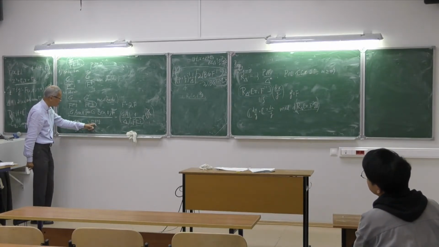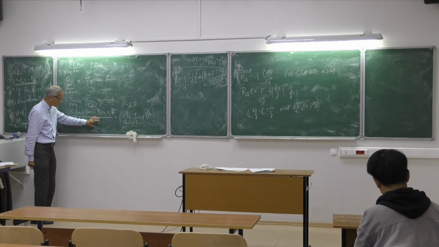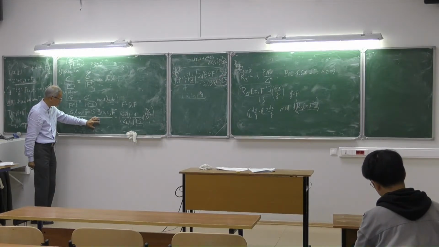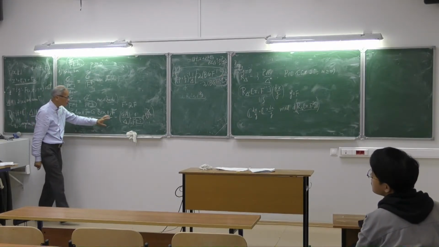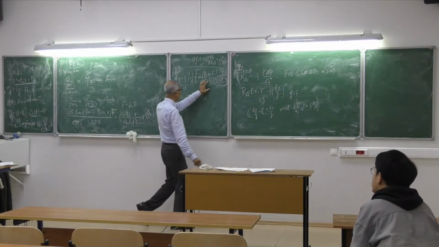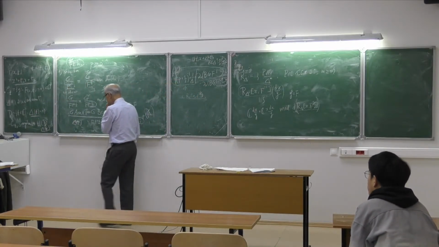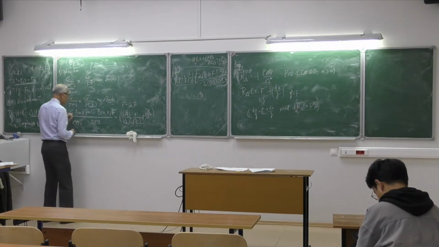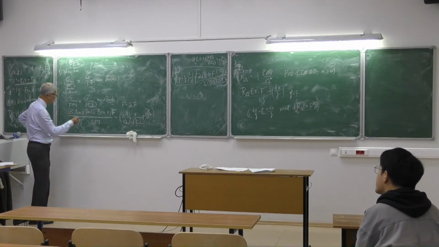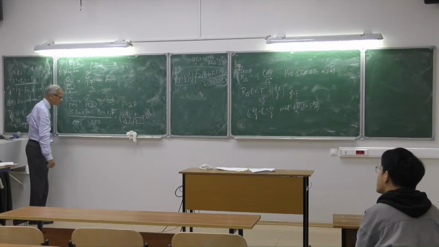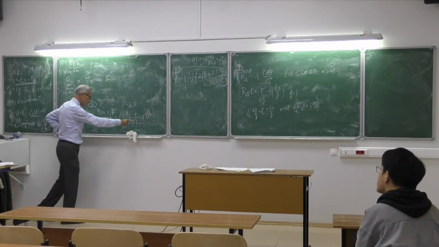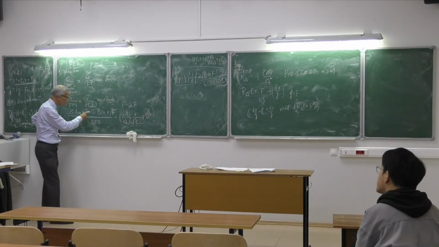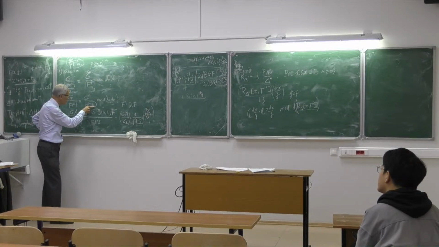We started from (p plus 1) over 2 with denominator this power, and modulo a d-exact form we got, if you take dx, some exact form that reduced to (p minus 1) over 2.